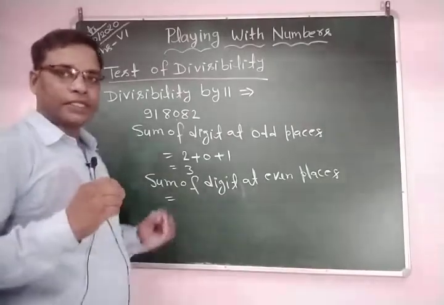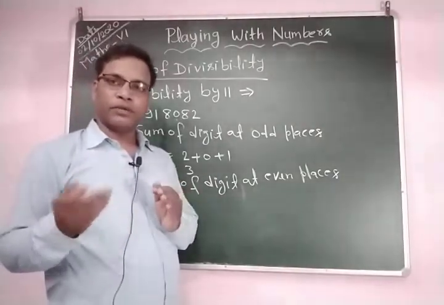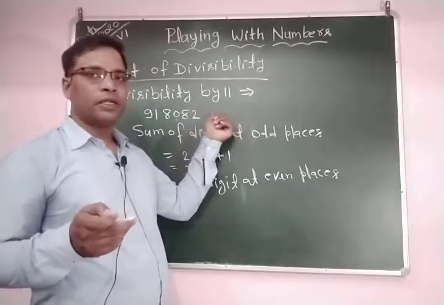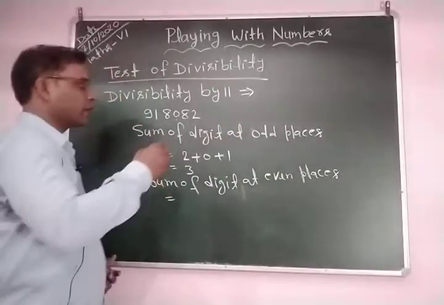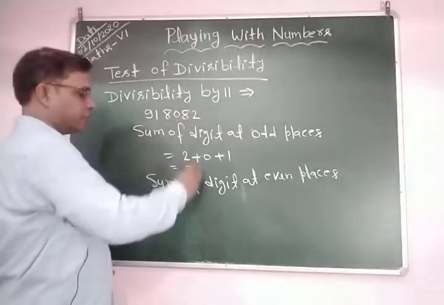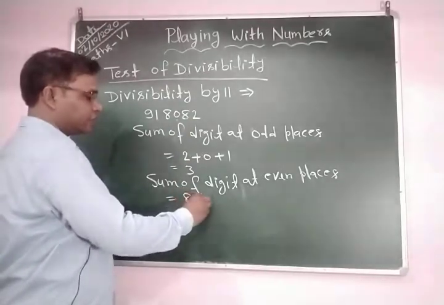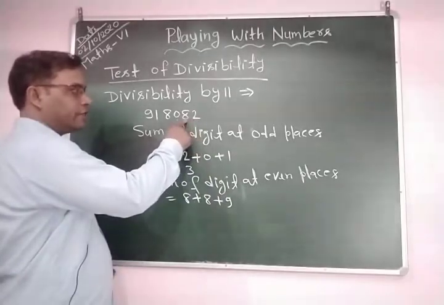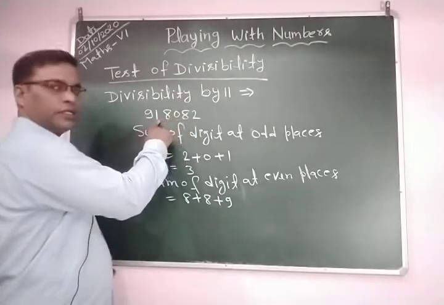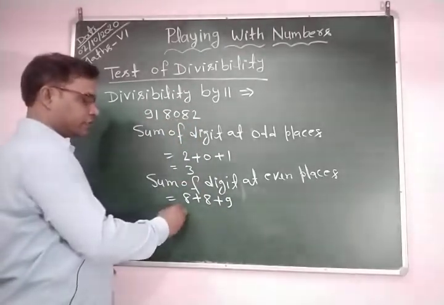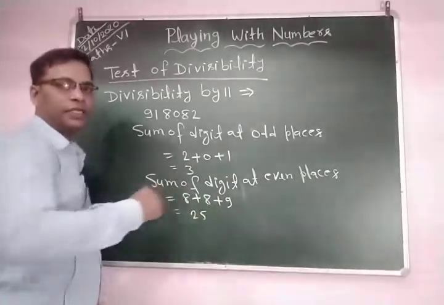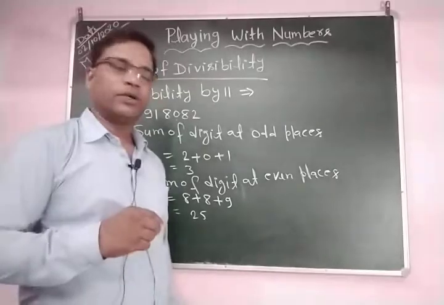We count odd, even, odd, even, odd, even from the right side. So 8 plus 8 is 16, 16 plus 9 is 25.